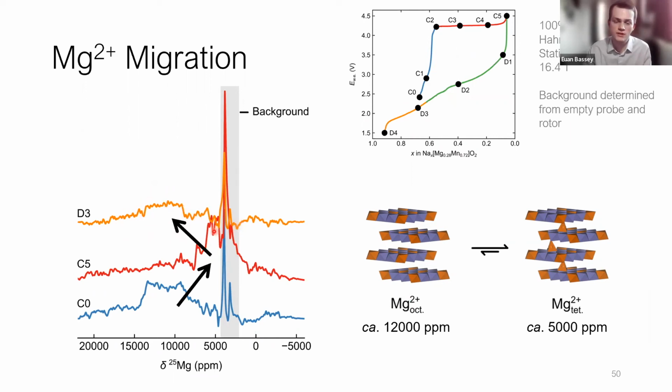This indicates that not necessarily all of the magnesium has returned to the ideal octahedral positions. So there's still some sitting in the sodium layer, and this is consistent with diffraction work that I've done, and this is probably why it's so low in intensity and why we've got such slow motion.